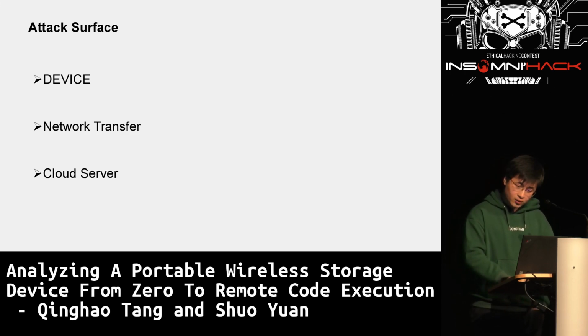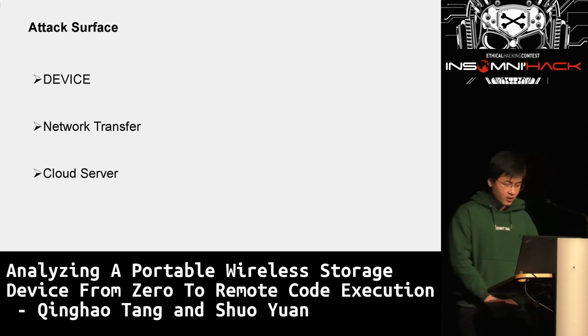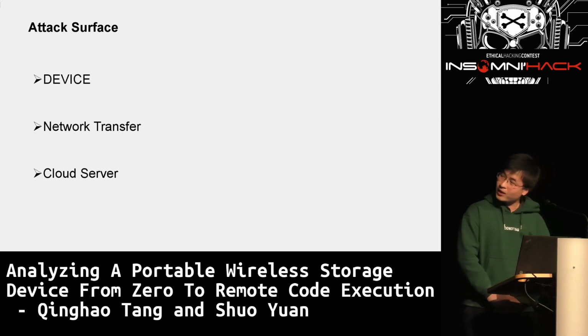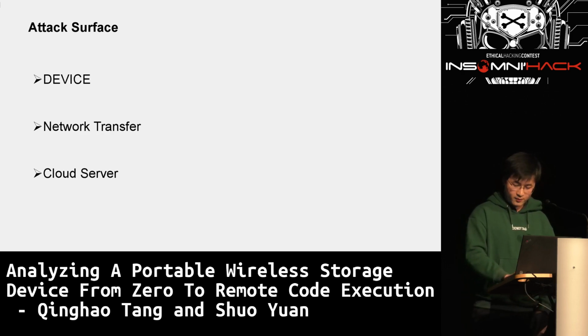The third is the attack surface of the cloud. Cloud service config uses low version HTTP servers, and cloud service vulnerability includes weak password vulnerability.